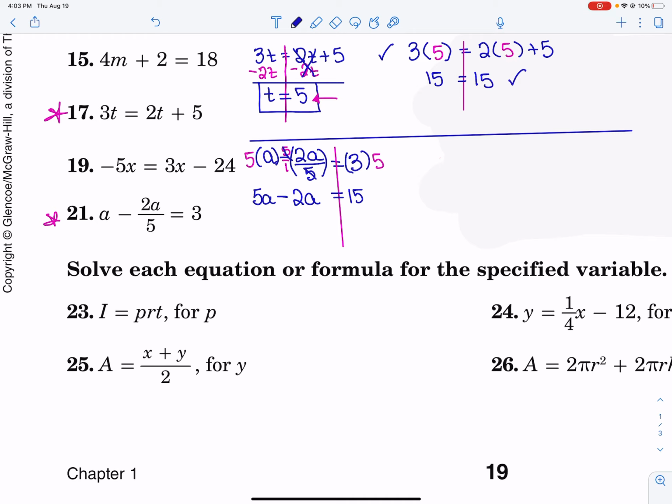Now, on the left side, we can combine like terms. Okay, so we will combine those two: 3a equals 15. Divide both sides by 3 because that's the inverse of multiplication. And we get a is equal to 5.